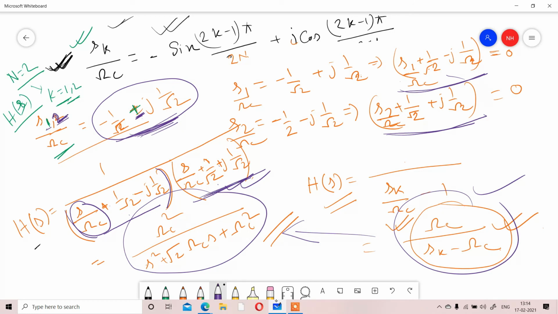These are the two expressions. Simply if we multiply these two, you will get the expression s square plus root 2 omega c s plus omega c square, and in the numerator you will get omega c square. So that is what you get for n equal to 2, the second order Butterworth filter transfer function.